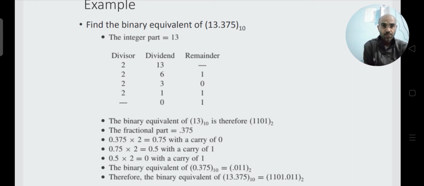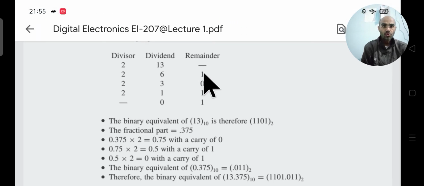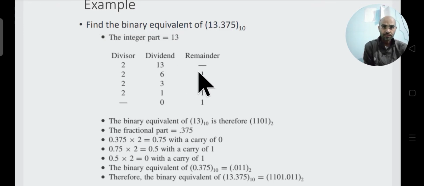As we want the answer in the binary number system, our base will be 2. Dividing 13 by 2 gives the remainder 1. So we note down the remainder and also the quotient. The quotient becomes 6 and the remainder is 1.